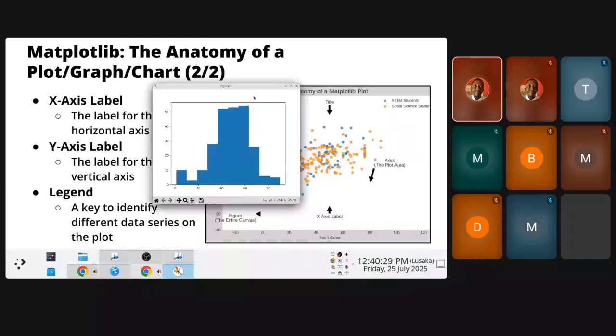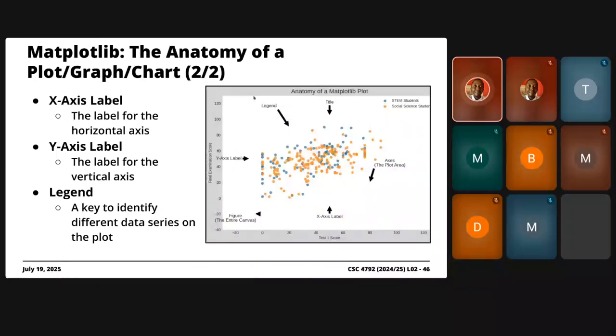So it's redundant for you to have a title. And then your x-axis label is just the label for the horizontal axis. So in this particular case, it is test 1 score, and then the y-axis label here is the label for the vertical axis, right? This is the final examination score. It's always nice. It's expected that you add axes labels to your plots, depending on what sort of plot.